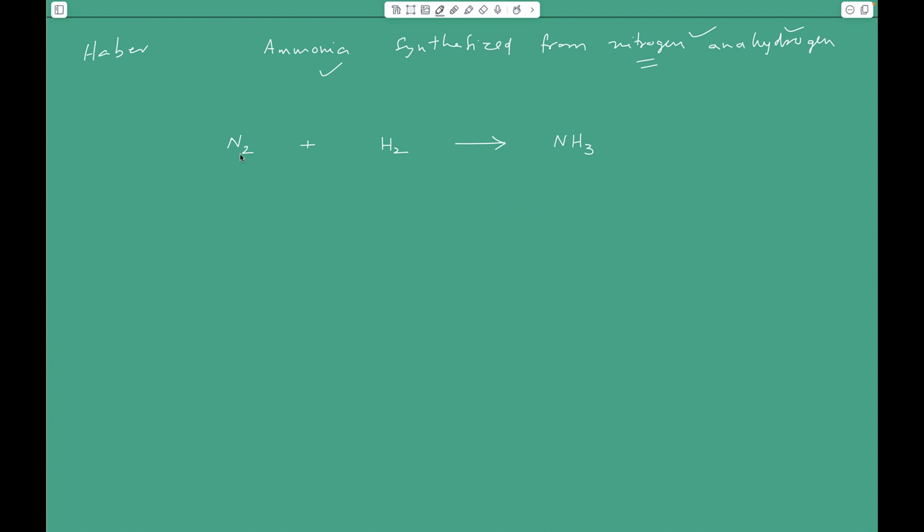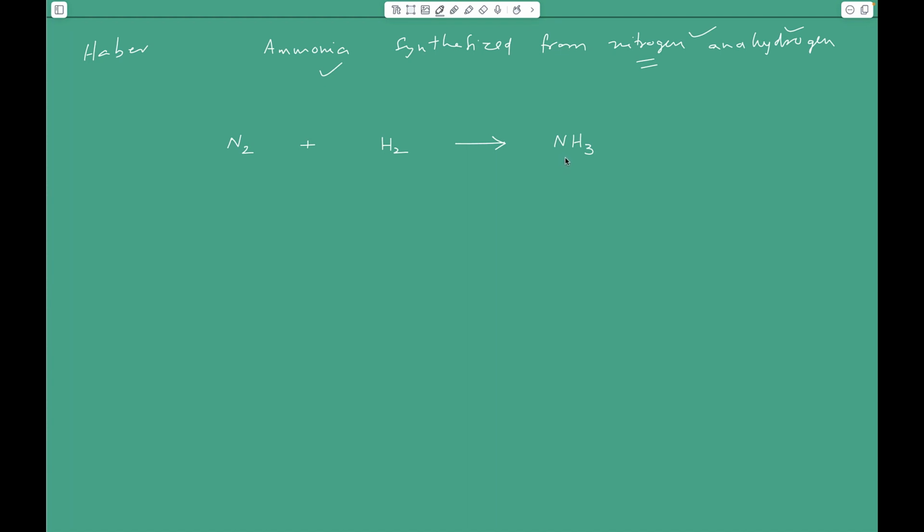Again, this equation is not balanced. We have to apply the law of conservation of mass and the fact that atoms cannot be transmuted during a chemical reaction.